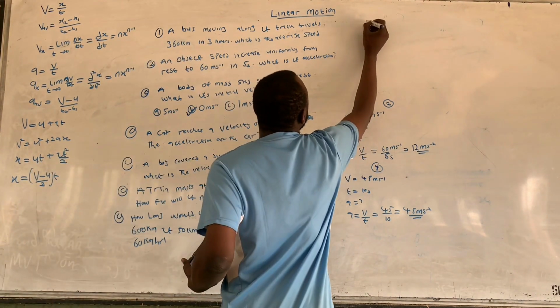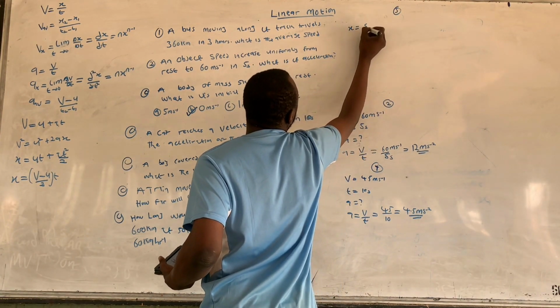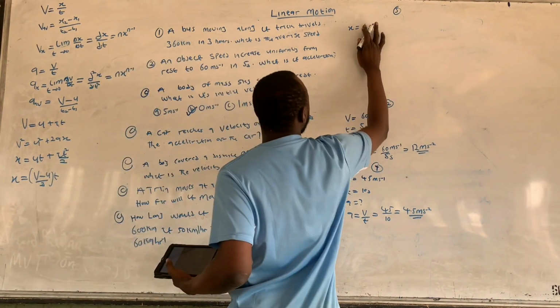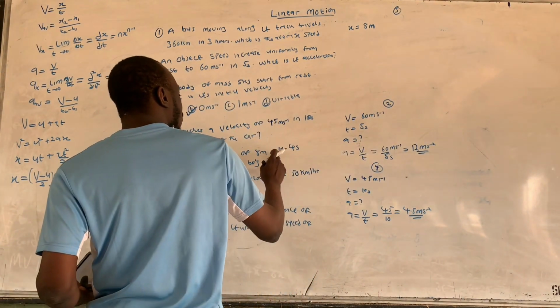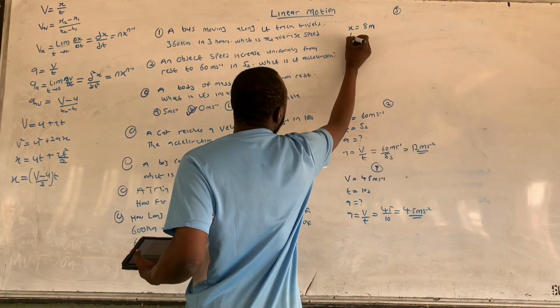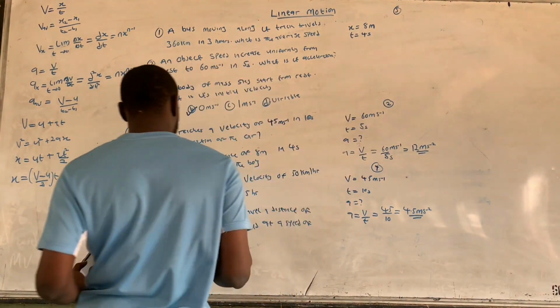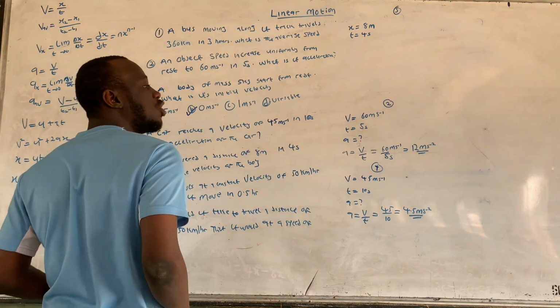Meaning our distance is represented by x. X equals what? 5 meters. No, 8, sorry, 8 meters, in 4 seconds. T equals what? 4 seconds. What is the velocity of the boy?